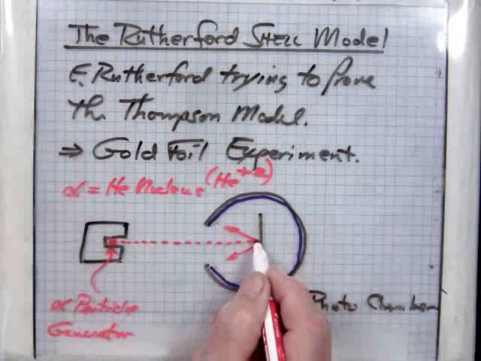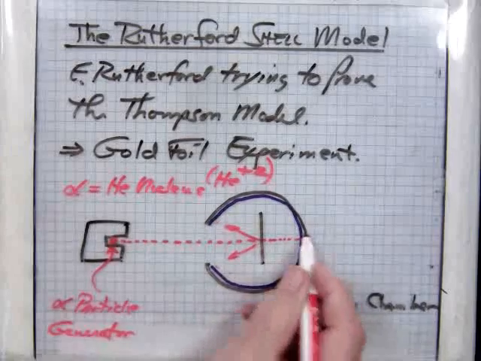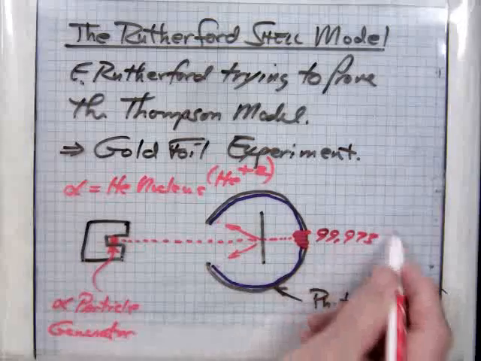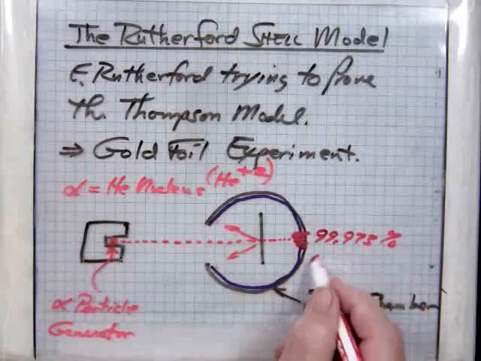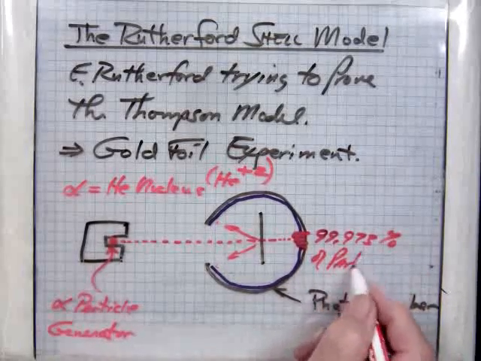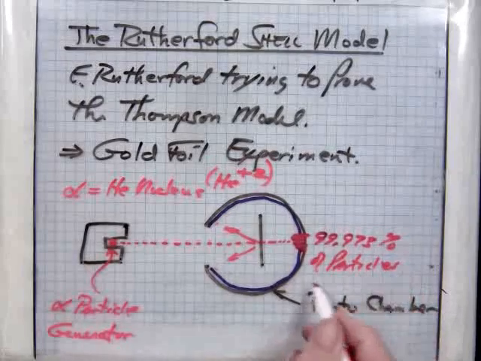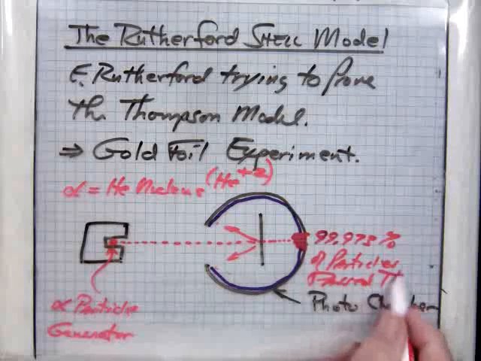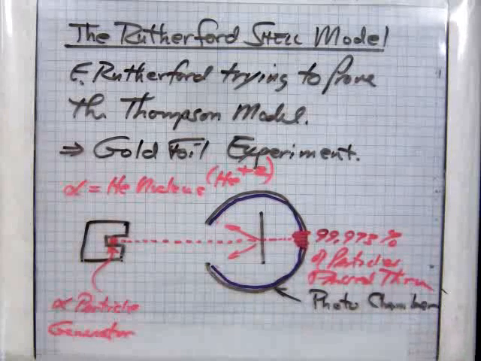What happened was these 99.973%, as I remember, of particles passed through unperturbed. They were not affected one way or the other.